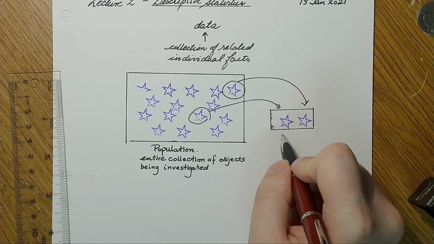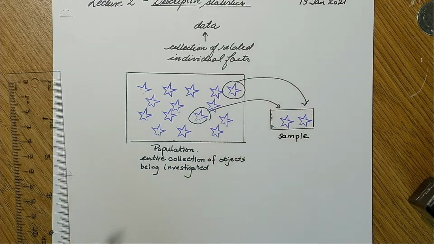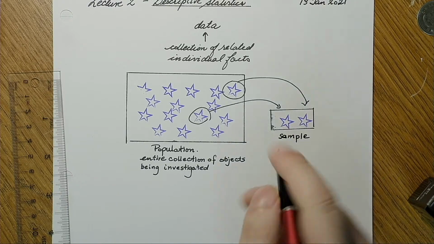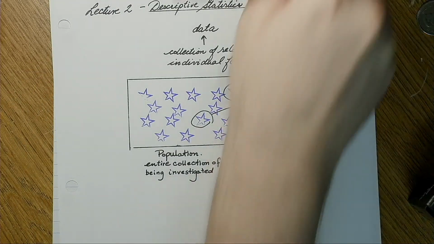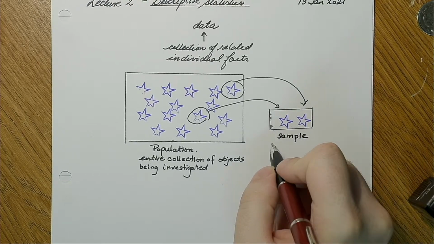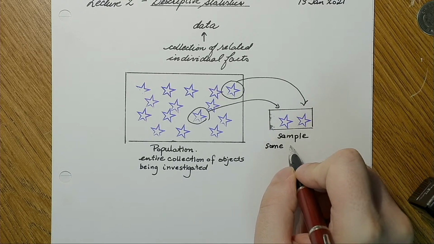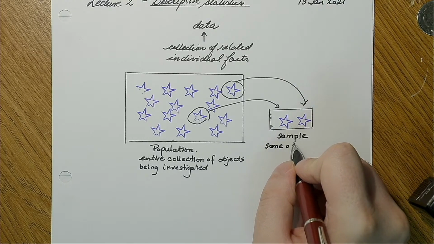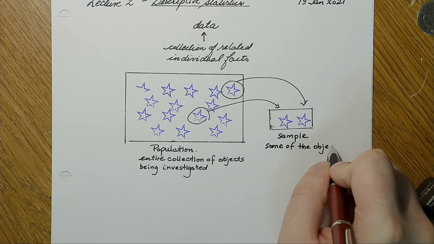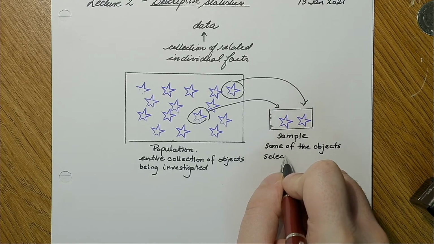And this is what we'll call a sample. And a sample is then just some of the objects selected from the population.